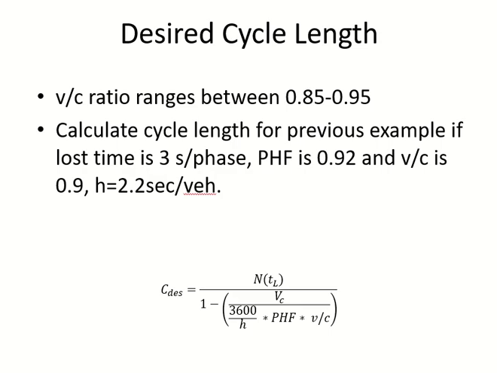Now usually this cycle length is almost a minute, almost a minute for 4 phases, remember. So if you divide the 1 minute into 4 phases, every phase will take a very small amount of time, right? So we round it up higher. You can round it up to 64, you can round it up to 65. But 64, 65 is still a very low number.